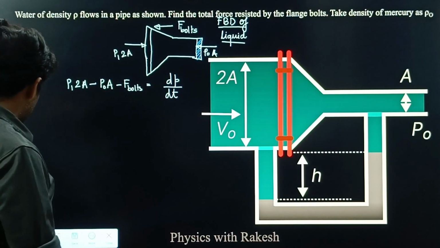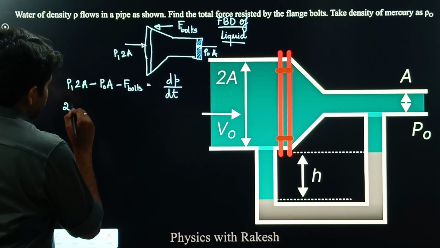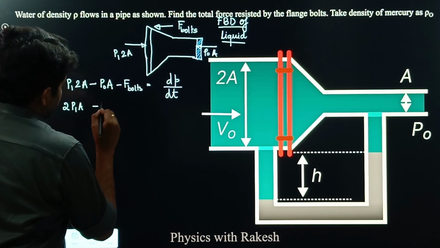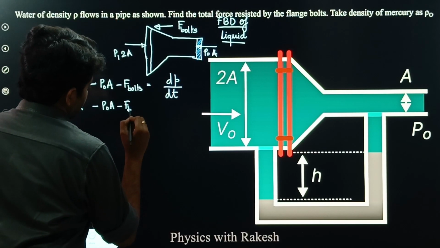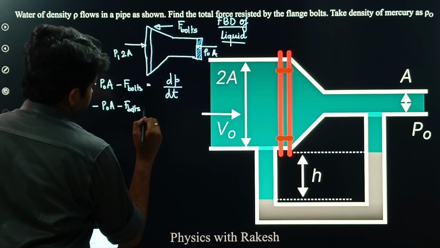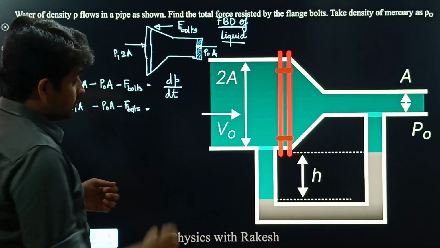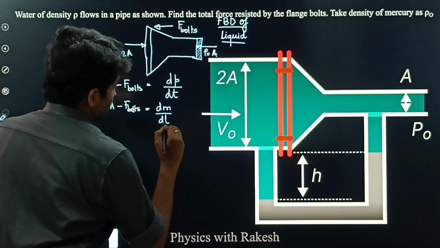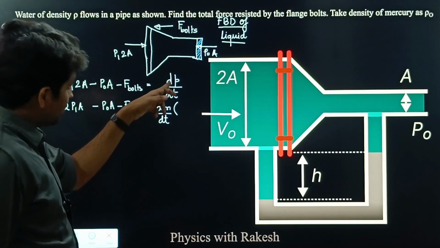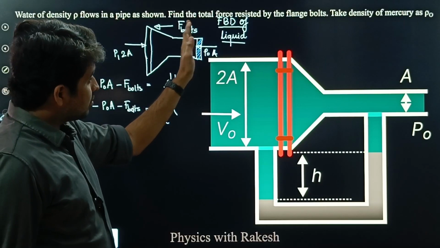So let us write what is the change in momentum. 2P1A minus P0A minus the bolts force equals, I can write this as dm by dt times the change in velocity. What velocity does this part have?